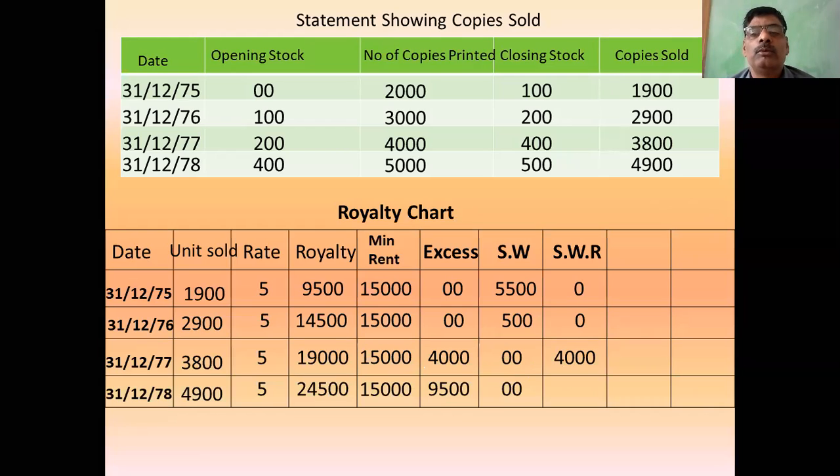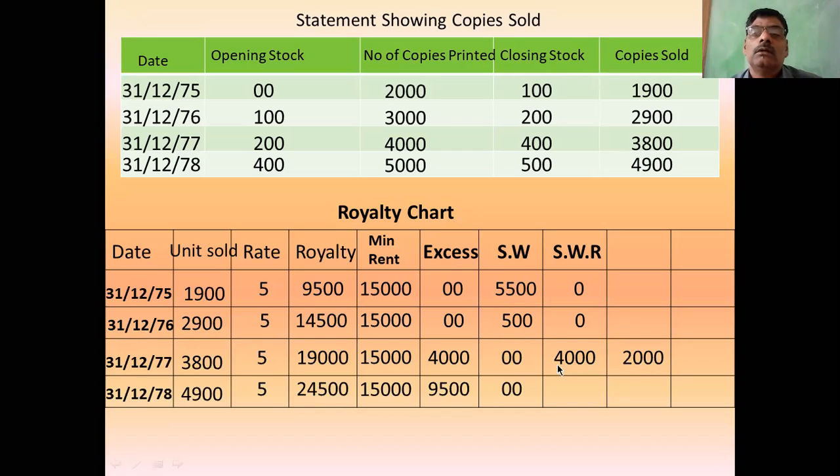Time given for you is first 3 years. First 3 years completed, you recovered 4,000. What about the remaining? The total short working is 5,500 plus 500, 6,000. Out of 6,000, 4,000 recovered. Then 2,000 will not be recovered because time given completed. So 2,000 goes to next column.